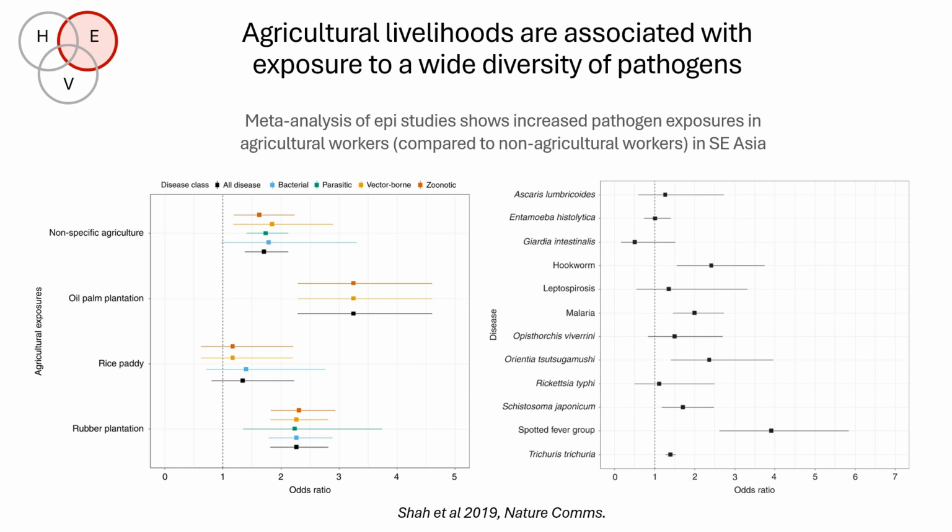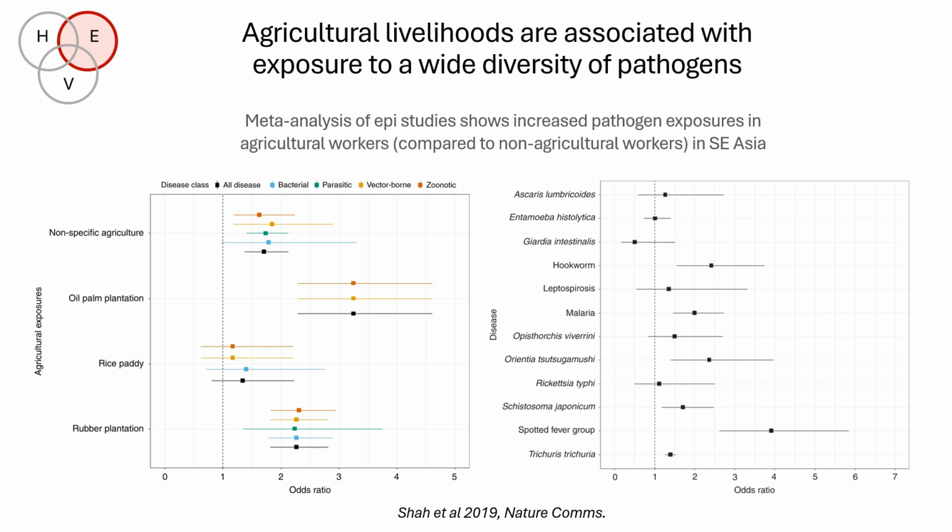This is just one nice meta-analysis that I've picked out as an example, published a few years ago, showing that across a whole range of different land use types here on the left and different diseases on the right in Southeast Asia, if you are an agricultural worker, so someone who is exposed to agricultural systems regularly, you have much higher odds of being infected with a whole range of different pathogens than you would if you are a non-agricultural worker.